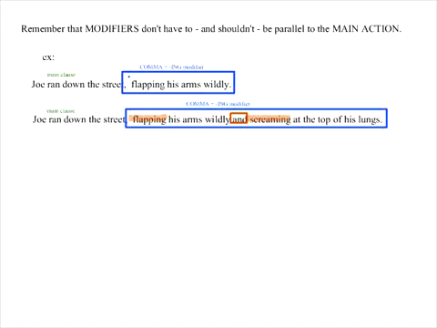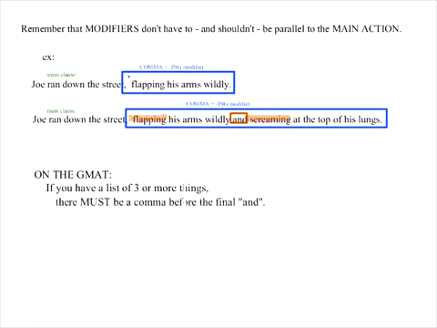Right? This is one thing on the GMAT. If you have a list of 3 or more things, you must have a comma before the final and. In other words, if you have this x, comma, y, and z, this is not a list of 3 items. If anything, this is going to be the kind of construction that we had up here, where the last 2 together, the y and the z, are just a modifier.